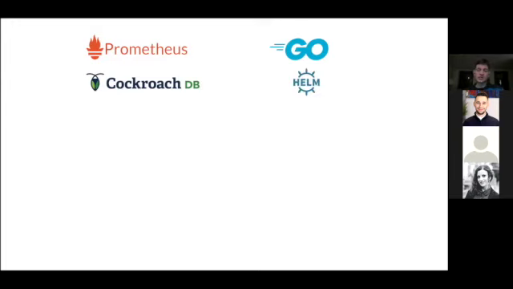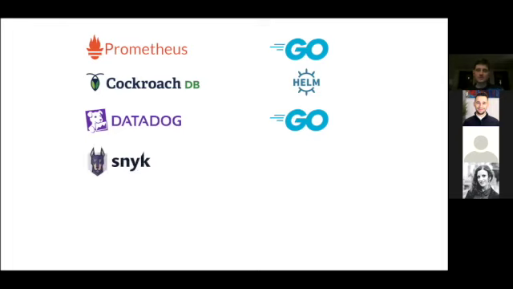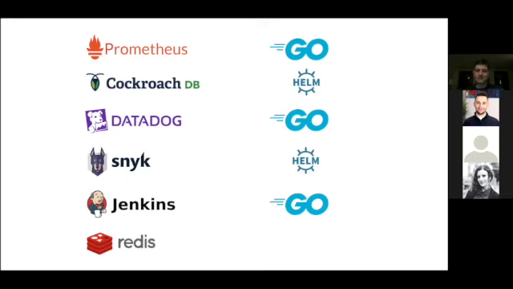They generate an operator from Helm. Datadog uses Golang. Snyk generated from Helm. Jenkins, Golang. Redis, Golang. So you see, even a tool like Jenkins, written in Java, uses Golang for their operator hosted on OperatorHub.